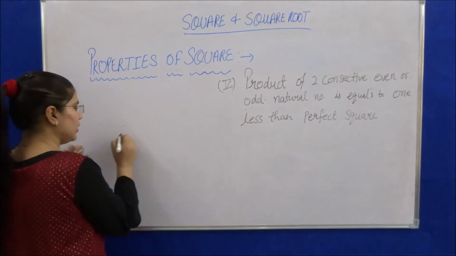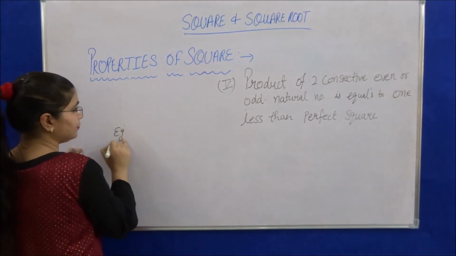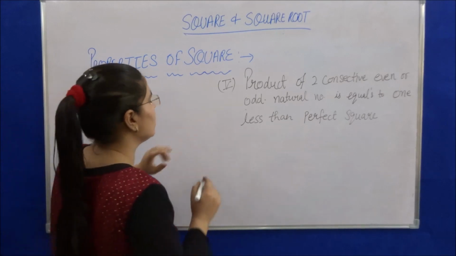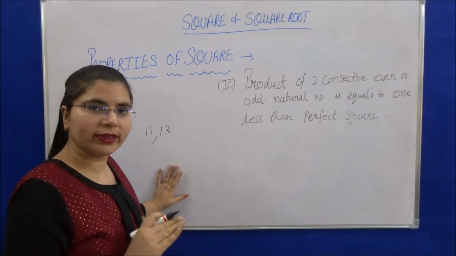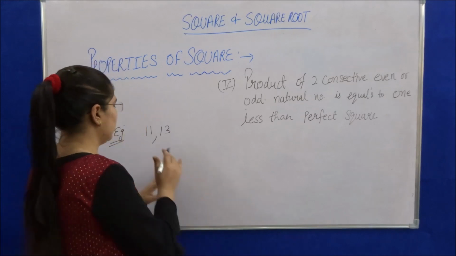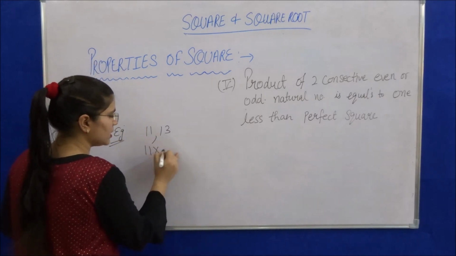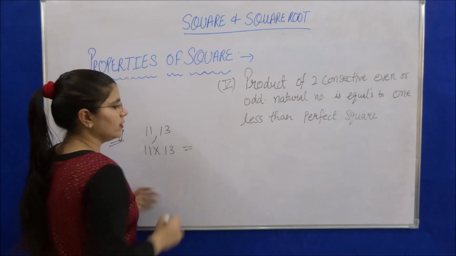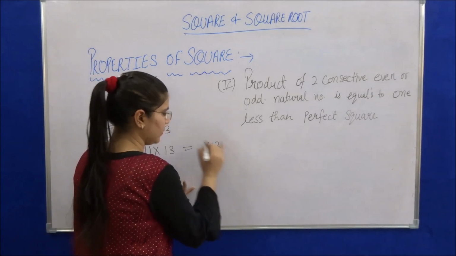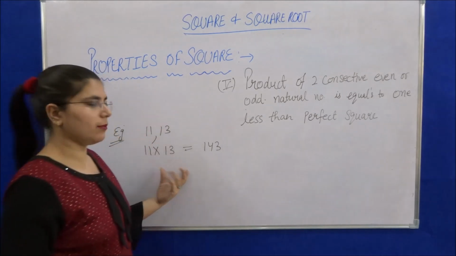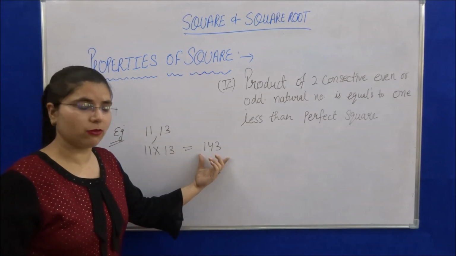For this we will consider an example. If we consider 11 and 13, these are two odd natural numbers. Now we will take the product of these numbers. Then 11 multiplied by 13 is 143.